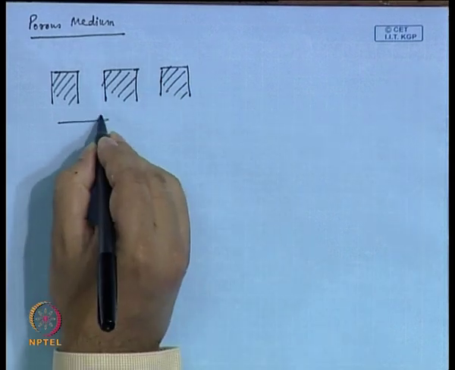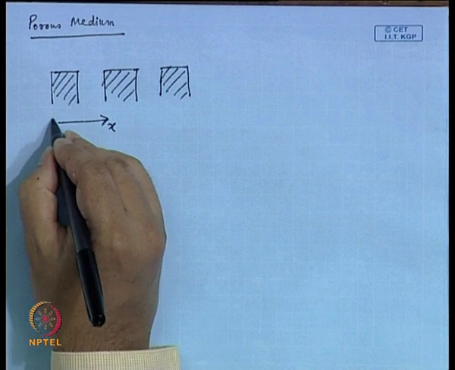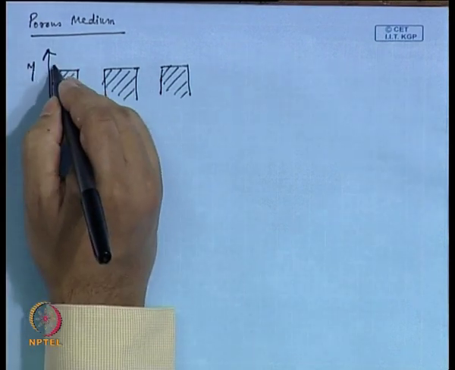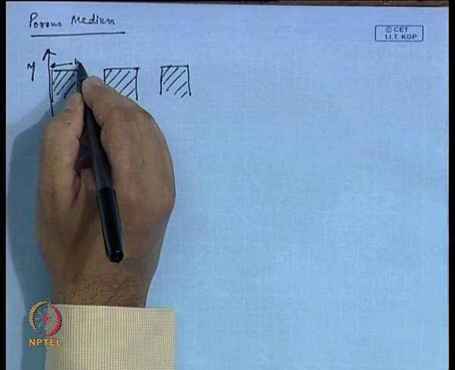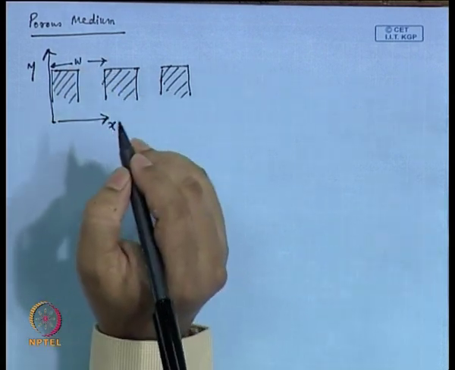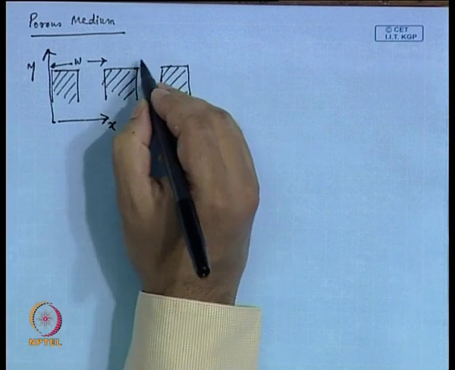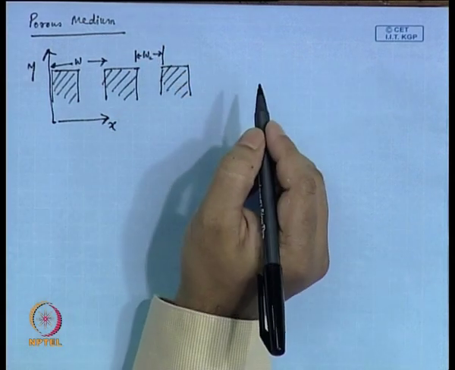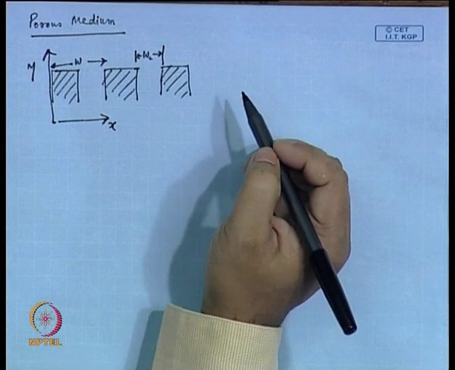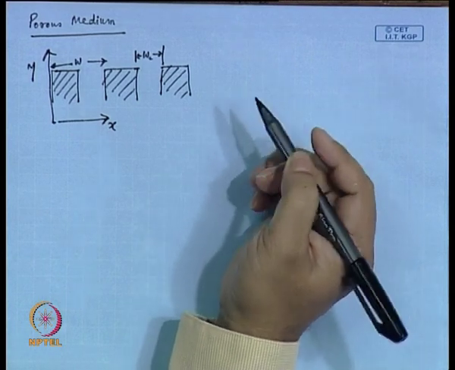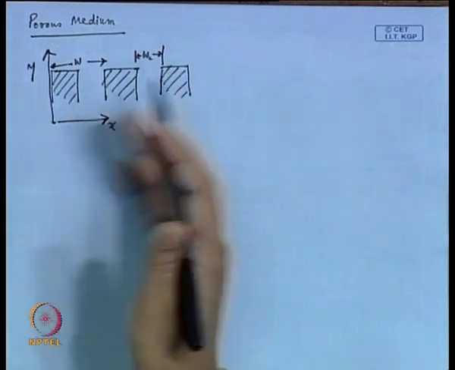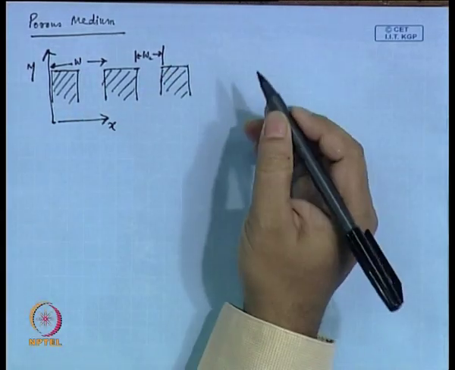Suppose this direction is x, this direction is y, and this distance is W, whereas this distance is W c. One is the channel and the other is channel plus the solid part. All right. So, you have a series of this, not just 3, thousands of them.